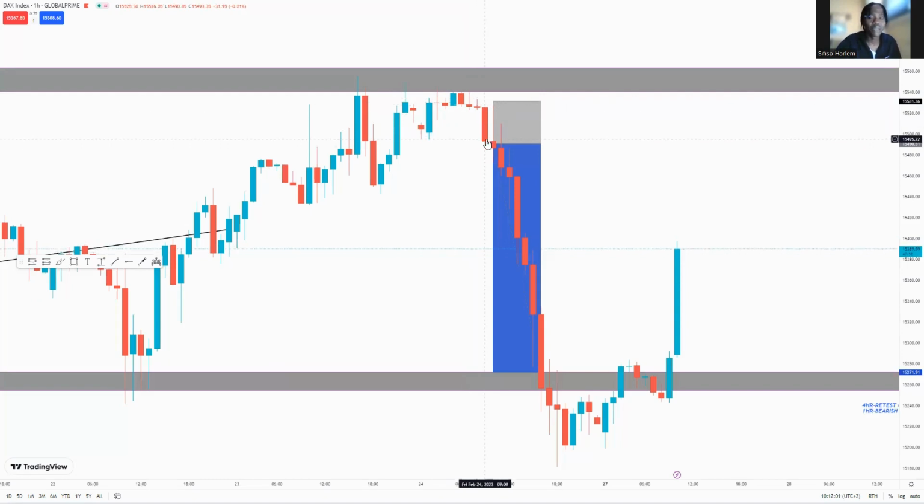So with a bearish engulfing candle, which retraced some candlesticks right there, you can tell how many candlesticks it retraced. It was a pre-London session candlestick, the bearish engulfing candlestick.